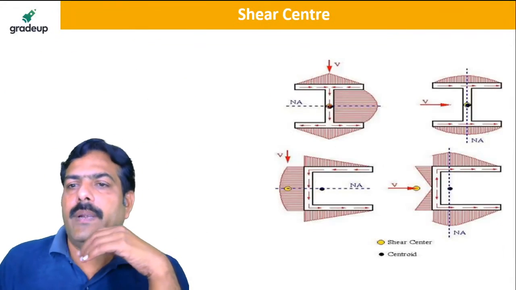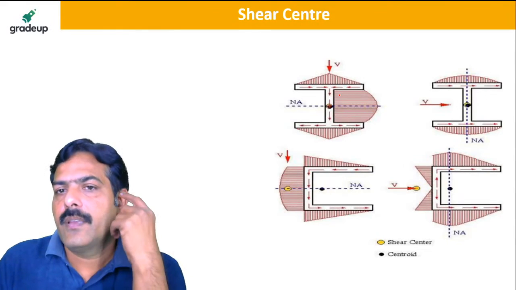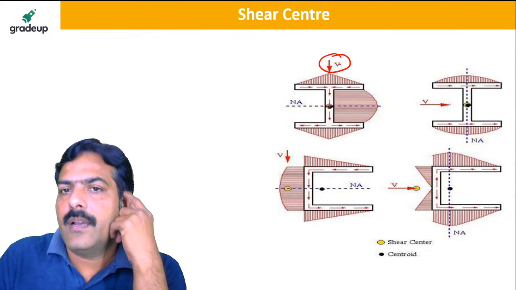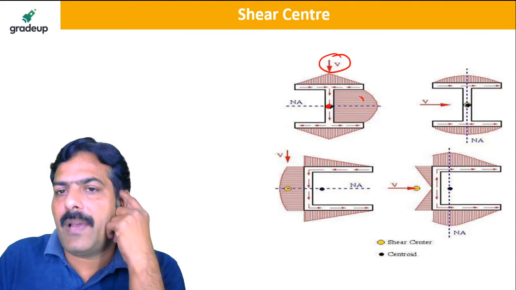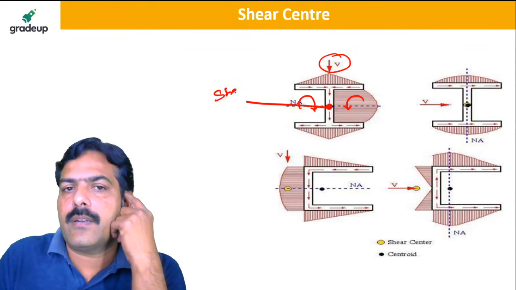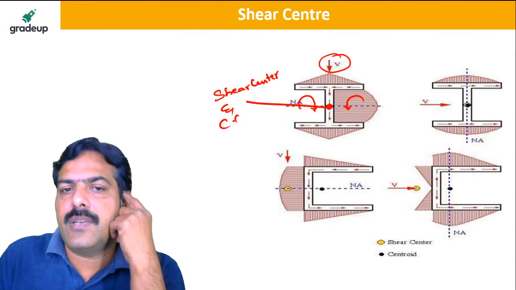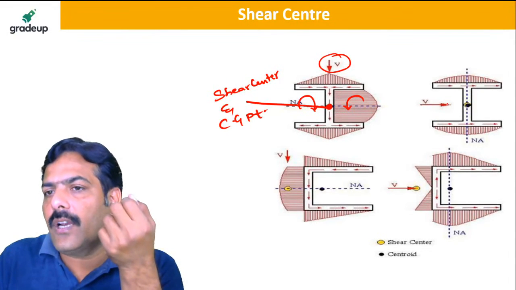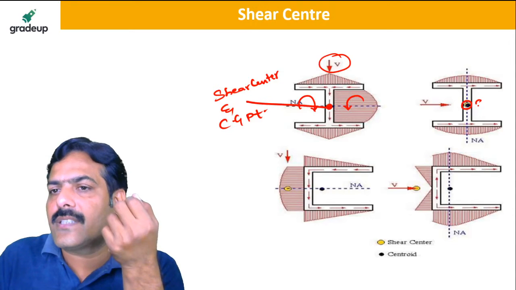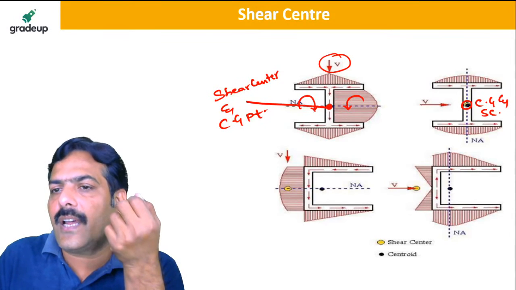Right. So my dear friends, if it is an I section with vertical loading, you see that this clockwise couple and anti-clockwise couple are balanced. So this is the shear center point and the CG point. And when you apply a horizontal loading, then also CG and shear center are the same.